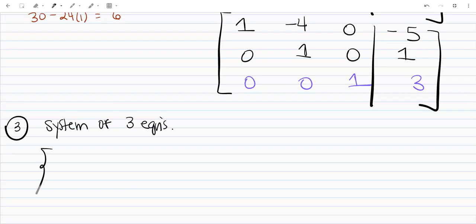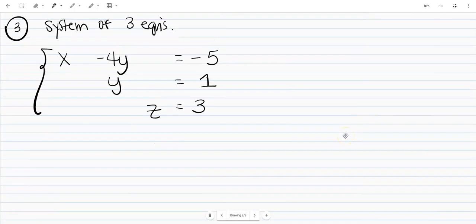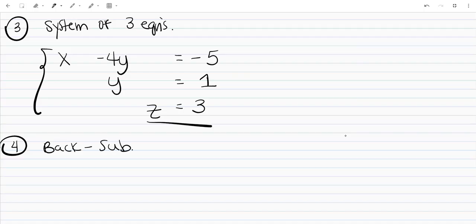So in this case, starting from top to bottom, this is just x minus 4y plus 0z is equal to negative 5, y is equal to 1, and z is equal to 3. Once I've turned it back into a system of equations, I can now back substitute, also known as back sub. I know that z is equal to 3 and y is equal to 1.